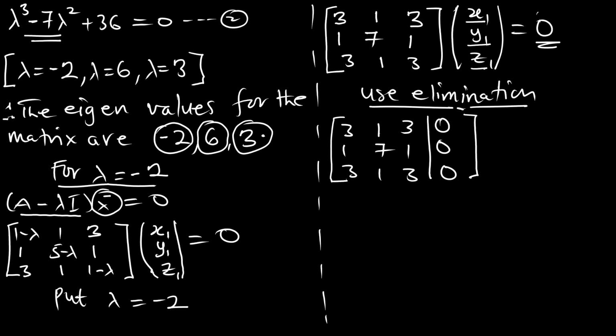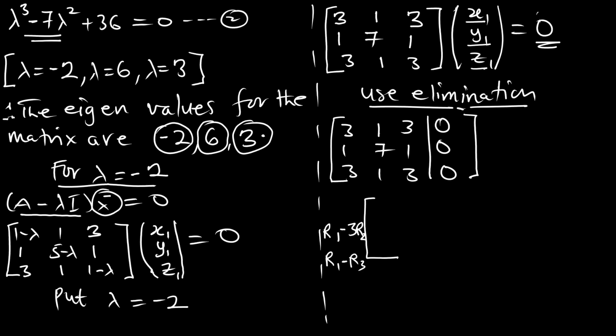So what do I do? I can choose to perform the row operation by saying on row 2, I'm going to say row 1 minus 3 times row 2. And on row 3, I'm going to say row 1 minus row 3. This is going to work.